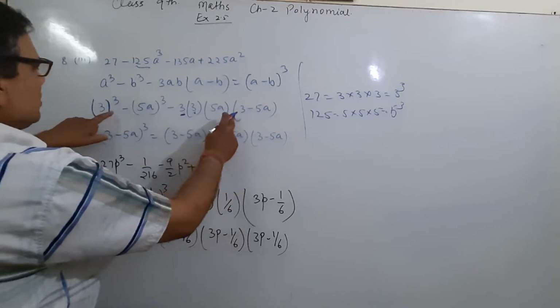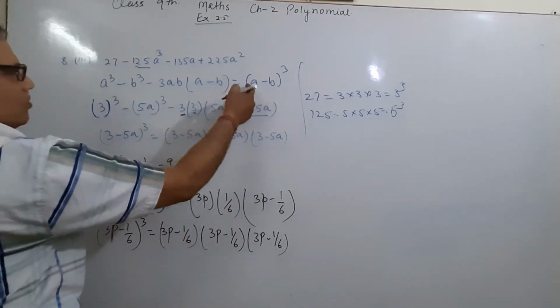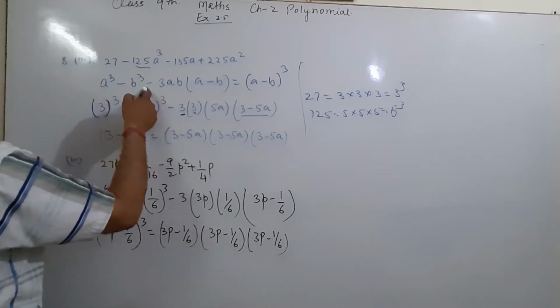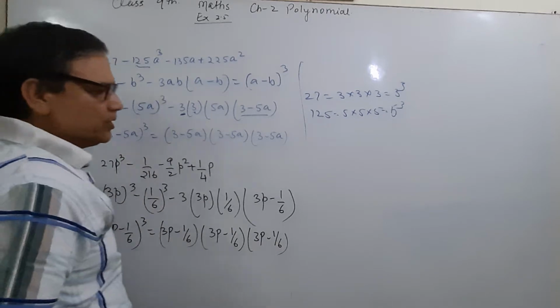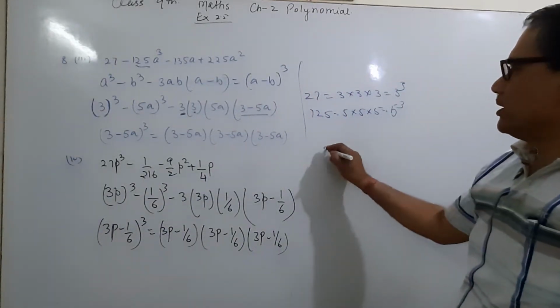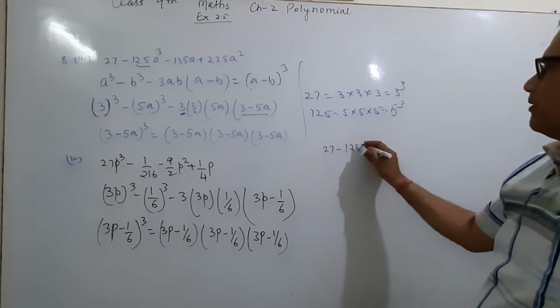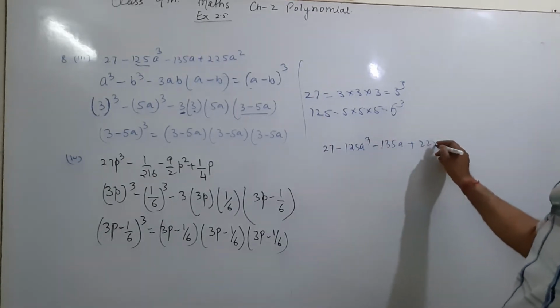A is 3, b is minus 5a. A minus b. Then we know the identity a cube minus b cube minus 3ab, a minus b whole cube. 3 minus 5a whole cube. In this way we can find this factor of 27 minus 125 a cube minus 135 a plus 225 a square.